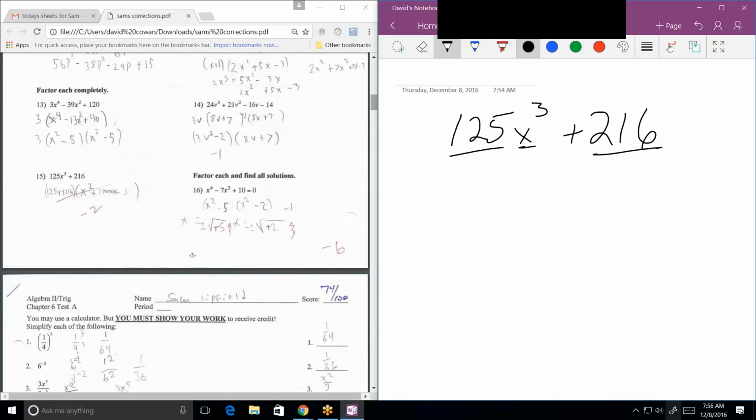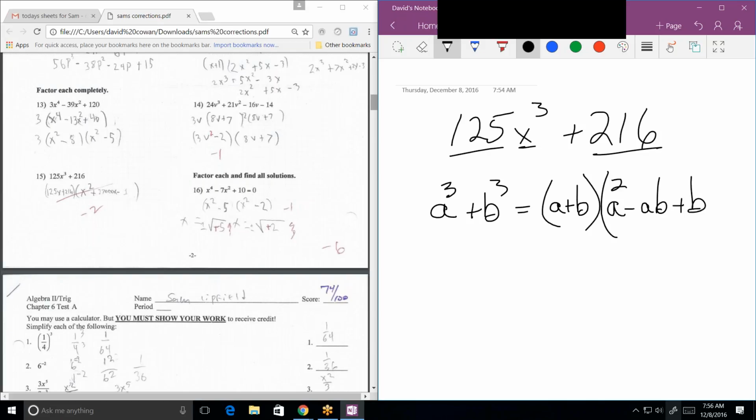So the way you do these is if I have a cubed plus b cubed, that's always factoring into a plus b times a squared minus ab plus b squared. Okay? So what is a? The easiest way to do these is to spell out what a is and what b is and then apply this formula.